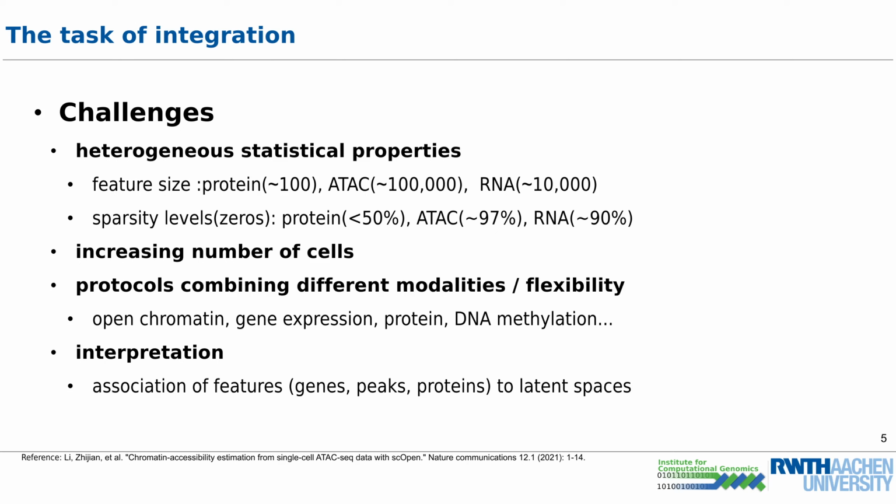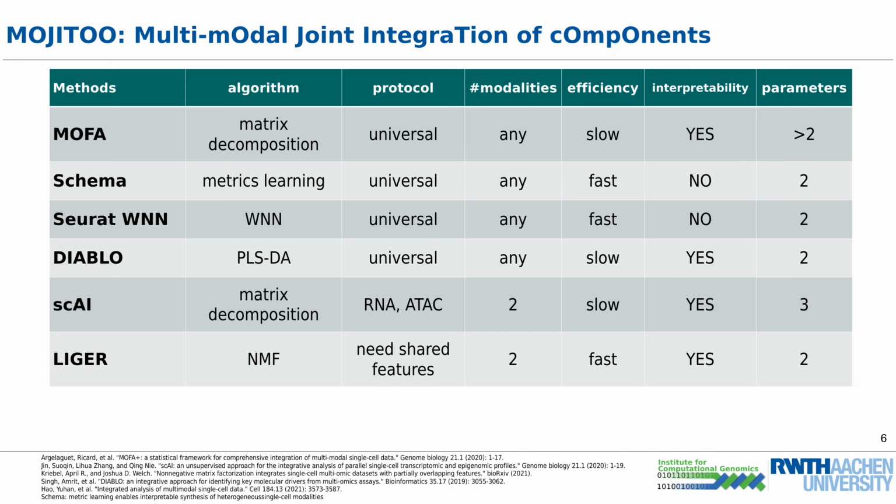Some methods can only tackle 2 modalities, and some others can work on specific feature matrices. Another aspect is the interpretation of the components of the latent space. When associating molecular features with the latent space, we can interpret its components using features from a specific modality.